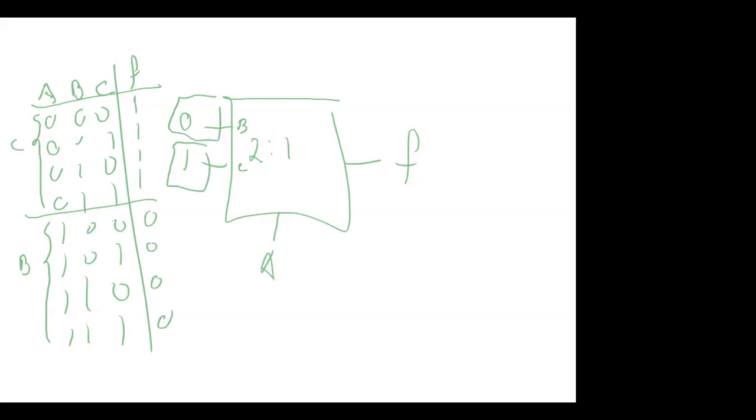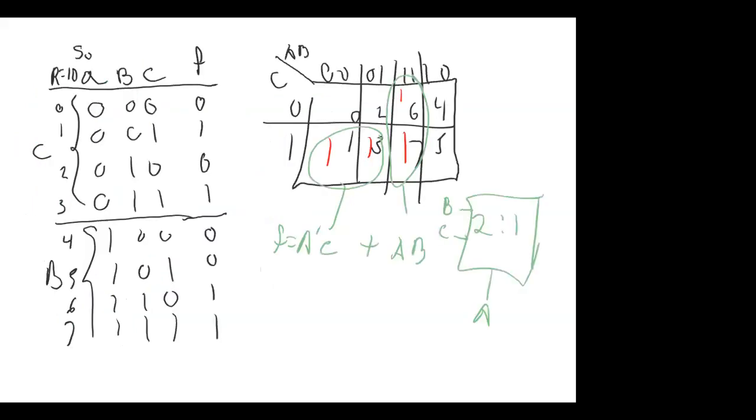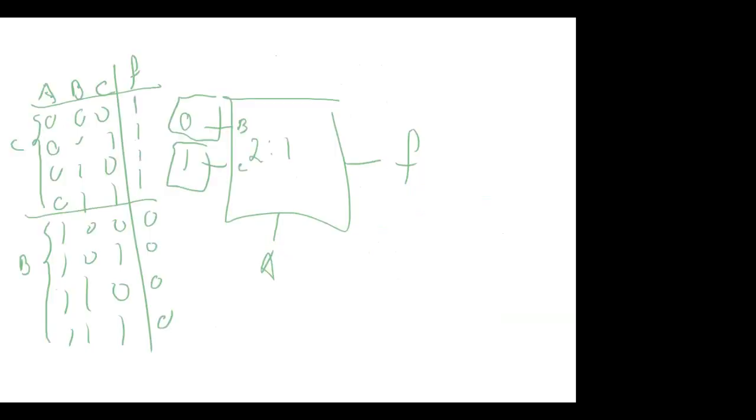How do I know this, right? Well, let's go back. I know this equation, F equals A prime C or AB. And I also know that C equals 1, and it looks like B is equal to 0.